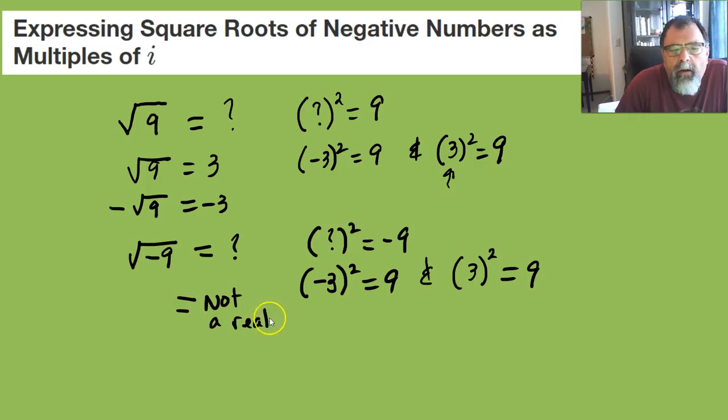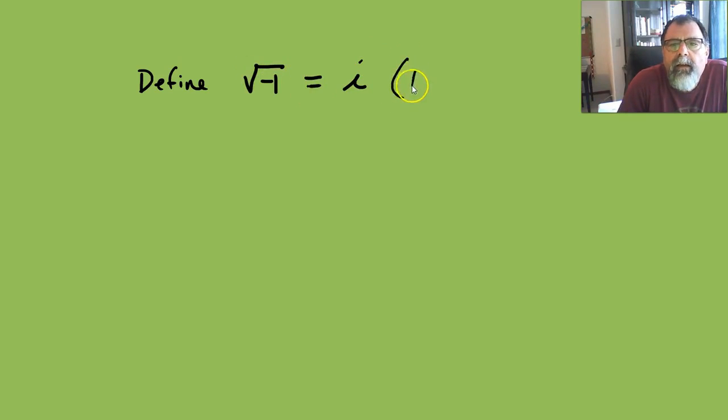Okay, so if it's not a real number, then we say it's an imaginary number. And so that's how we define the square root of -1 to be what we call the imaginary unit, i.